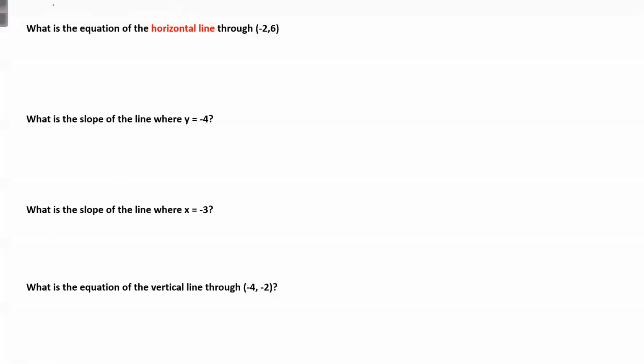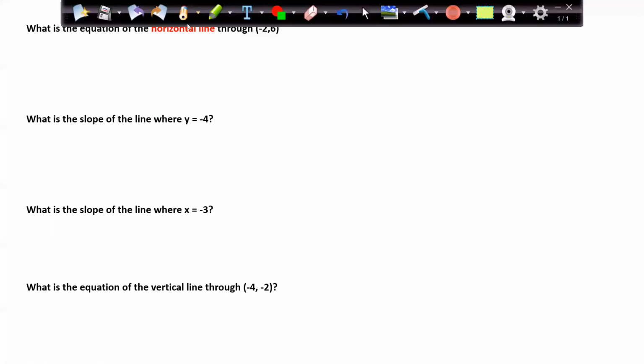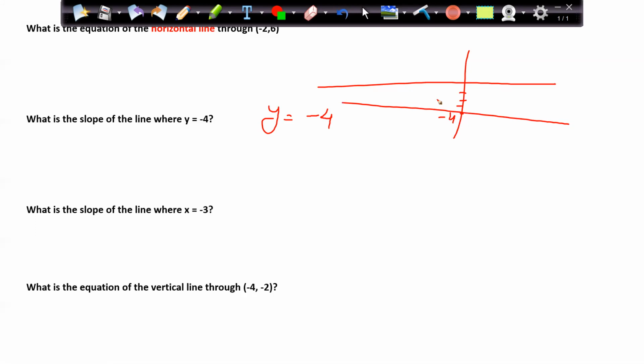Next, what is the slope of a line where y is equal to -4? Obviously 0. All agree? Because y is equal to -4, that means my value of y will always be -4. So my line will be something like this, always.